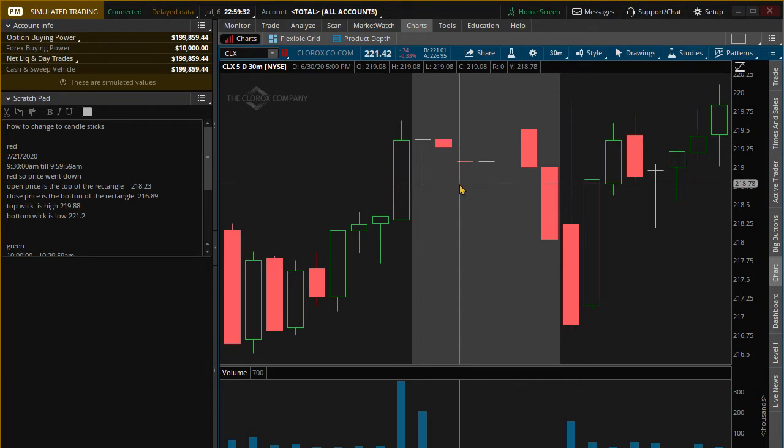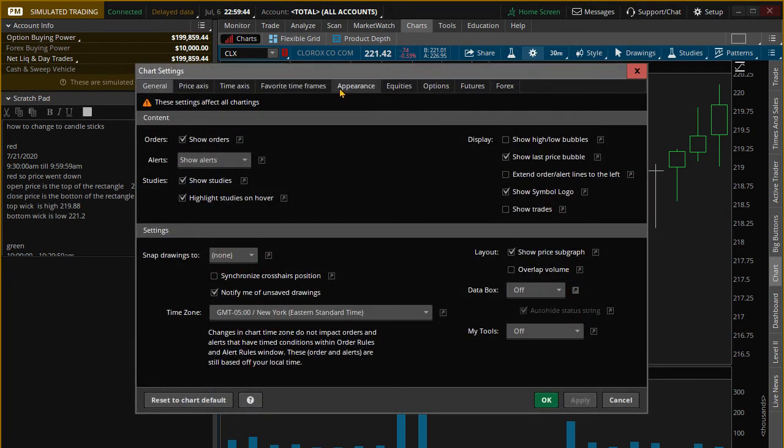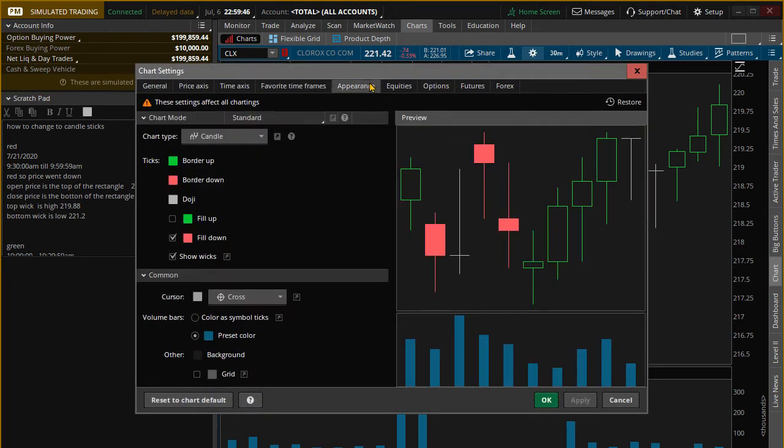For today, first, if you're on your Thinkorswim app and you don't have candlestick charts or you can't get to candlestick charts, what you have to do is go to settings, which is here, and then click on appearance. For chart type, you need to make sure that you're on candle. These are also the different things that you can do to change the way your candlesticks look.